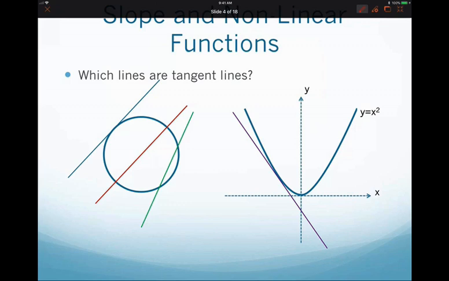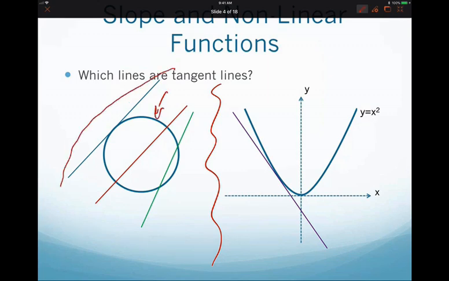So let's take a look at what we're talking about, right? Which lines are tangent? That is, which lines just barely touch a nonlinear function? Well, we've got 2 sides here. This is our circle. Okay, and obviously this line here is tangent. That is, it just barely touches the circle at one point right there.